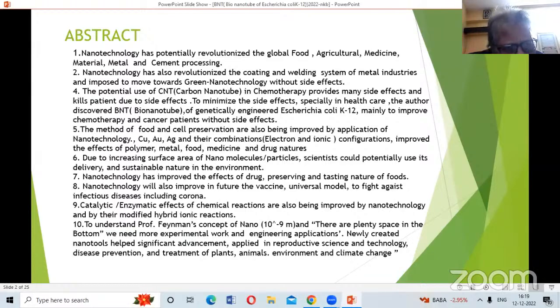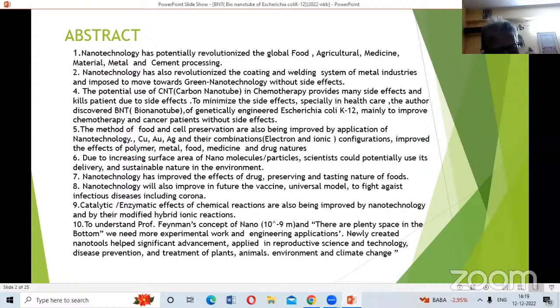In present time, we need to move towards green nanotechnology without side effects, because in most cases, whenever you are talking about nanotechnology applicable to medicine, it has given a lot of side effects because of the graphite as well as the carbon molecules which remain in the carbon nanotube, CNT.